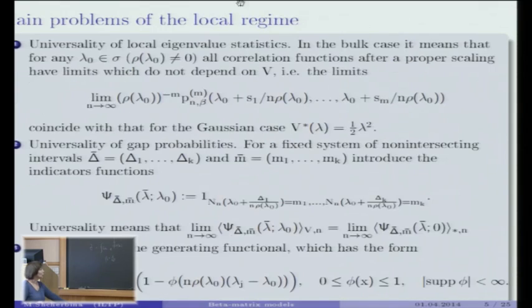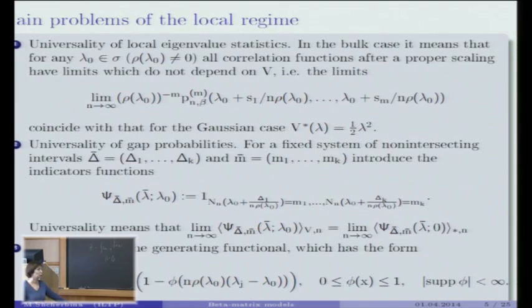As for the problem of the local regime, the main problem is universality, and there are a few kinds of universality. The first one is the universality of local eigenvalue statistics, which is the same as the universality of correlation functions. It means that if you consider the m-point correlation function and do a rescaling, I forgot to say, you take lambda 0.